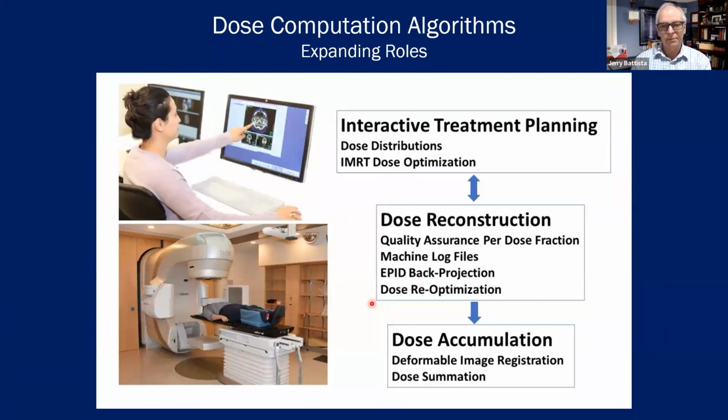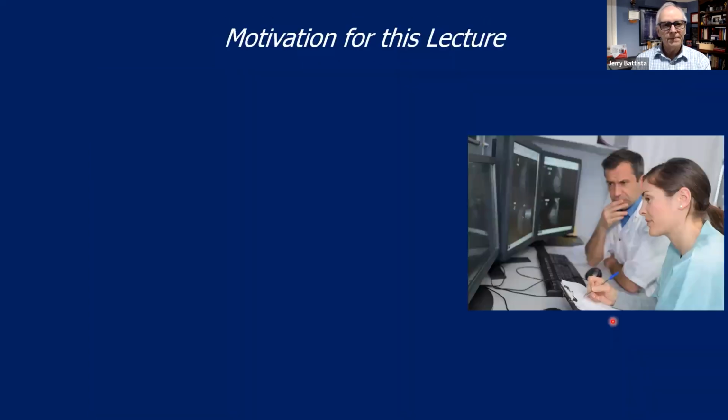And then a dose reoptimization is also sometimes done. These can then be combined on a per fraction basis into the accumulated dose that would be the best prediction of the patient's actual dose distribution inside their tissue. So there's a lot of activity that requires accurate dose algorithms.